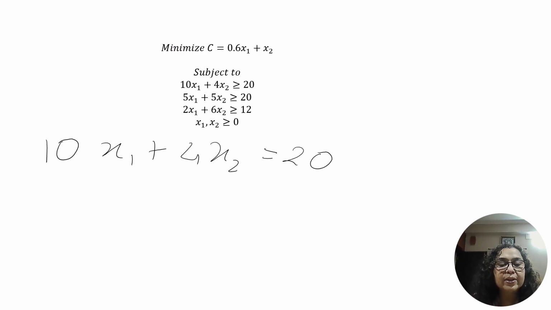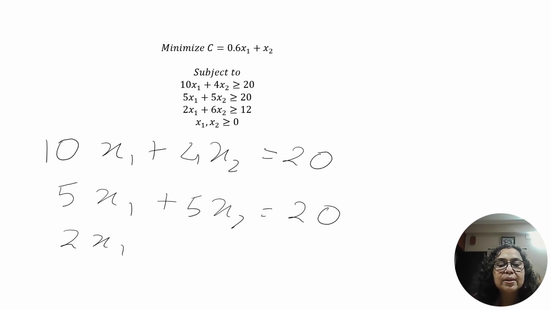Then we have 5x1 plus 5x2 is equal to 20 again. And the third equation is 2x1 plus 6x2 is equal to 12. And of course, the non-negativity constraints.